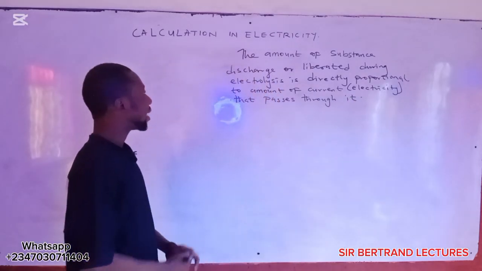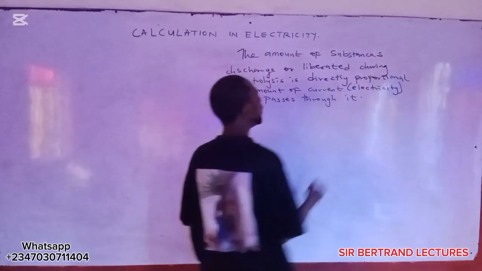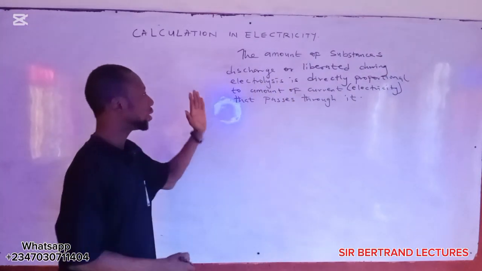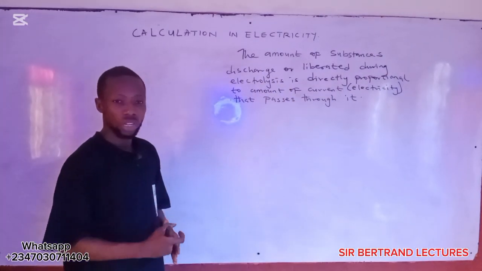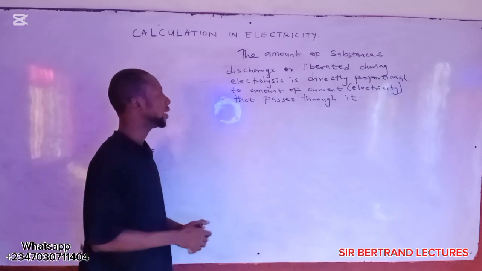The law states that the amount of substances discharged or liberated during electrolysis is directly proportional to the amount of current passing through it.